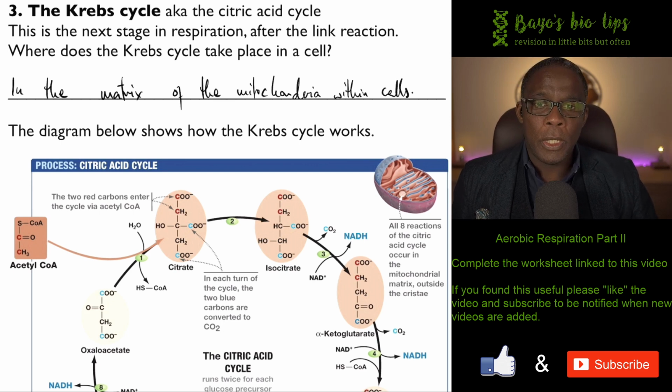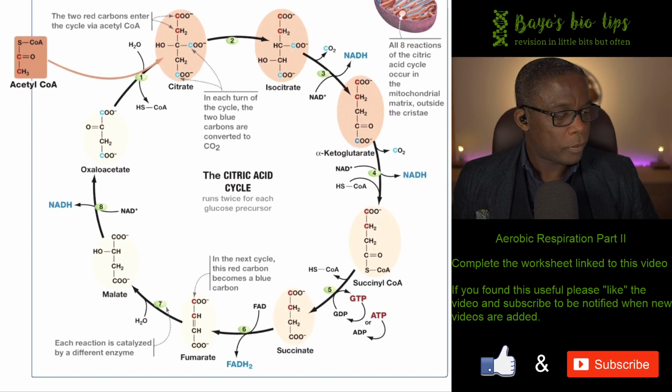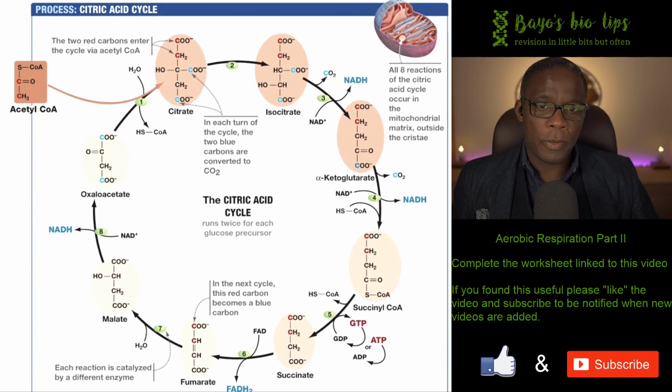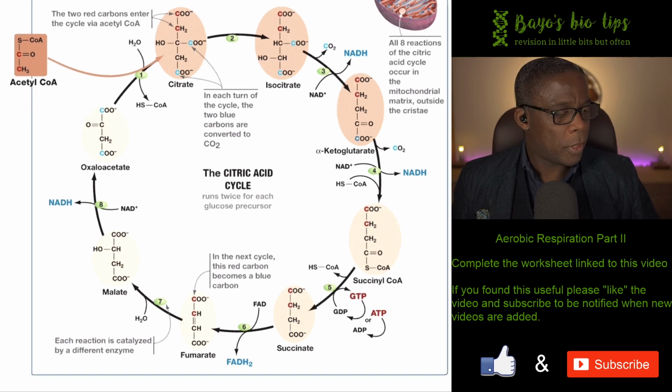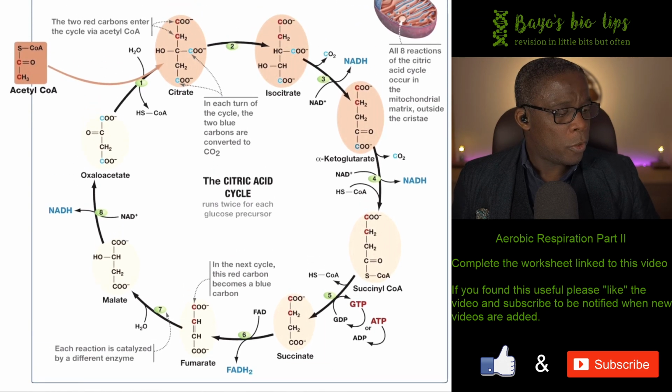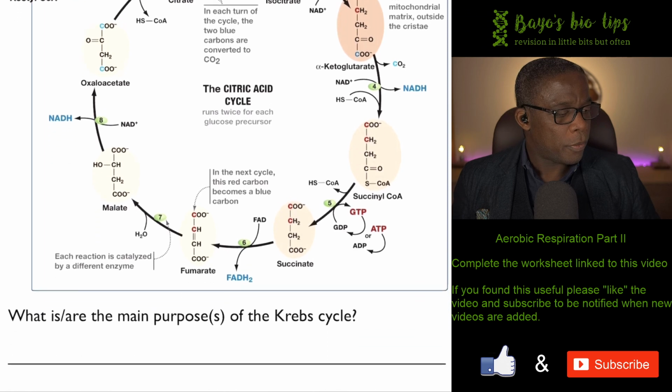So it's within the matrix of the mitochondria. As you can see there, that's a diagram showing a summary of the Krebs cycle, which is also known as the citric acid cycle or the tricarboxylic acid cycle. It's slightly more detailed than you need to know.